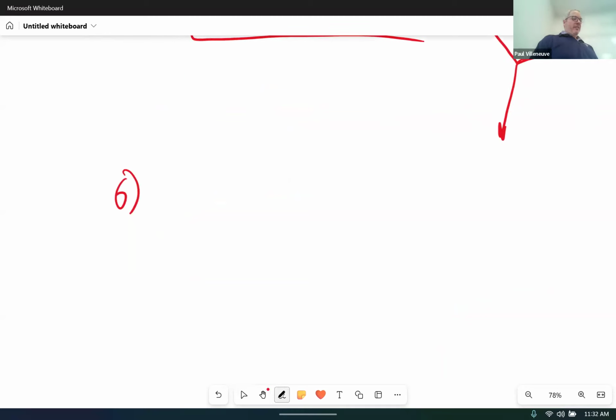Number 6 had to do with open and short circuit tests. So let's see, my sheet is kind of hard to see.